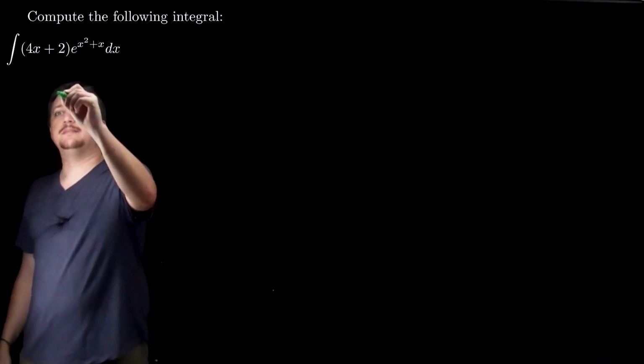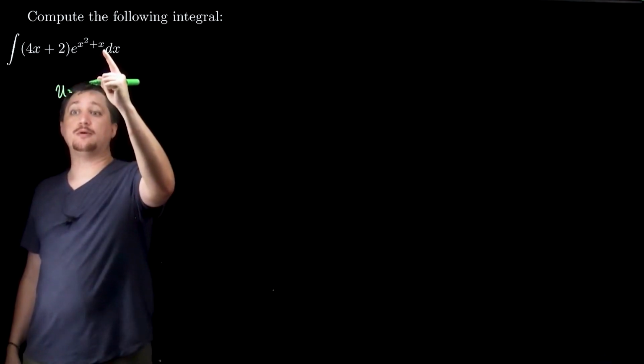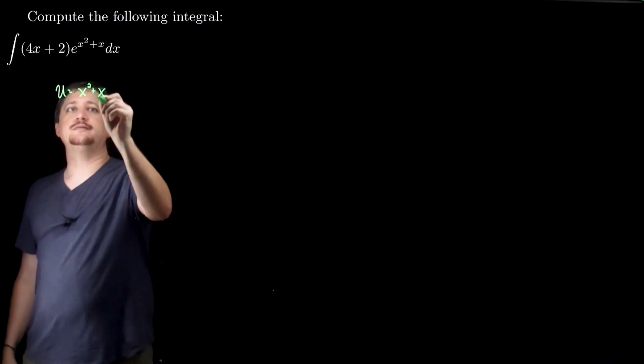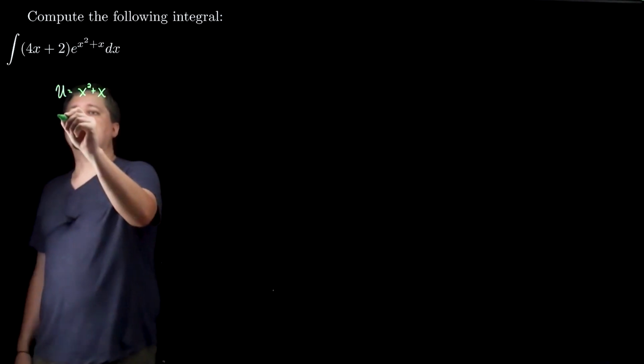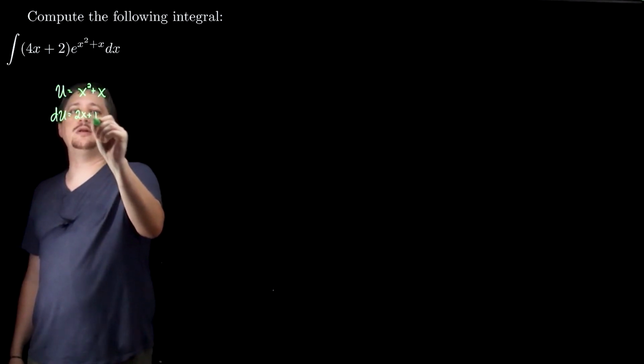So I'm going to take my u, and I'm going to make my u be the power of e. So it's going to be x squared plus x. And then taking the derivative, I'm going to get du, which is 2x plus 1 dx.